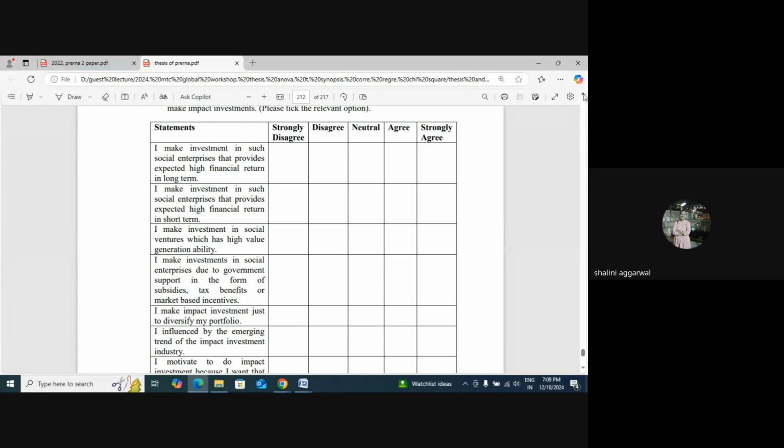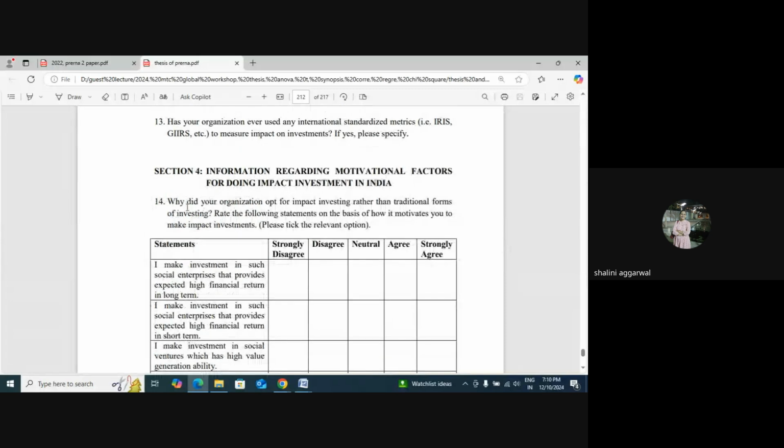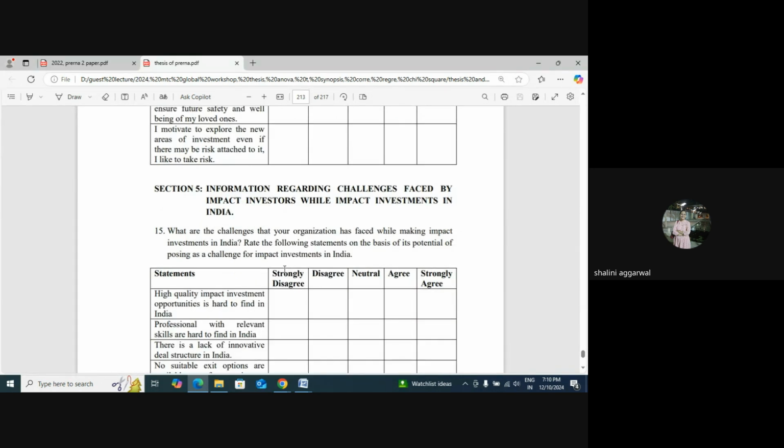Just have a look at this. We have given one section of it, section 4. This section 4 consists of the variables statements of the first objective of the thesis.